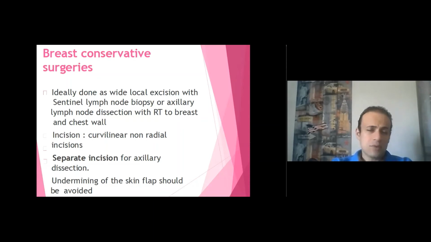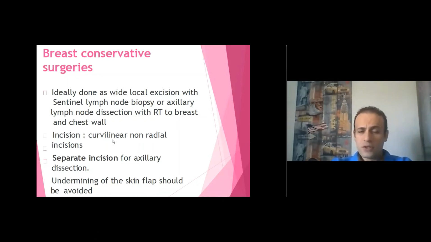Now the other option for the standard operation is only to remove the tumor as breast conservative surgery. It is most commonly used, ideally done as wide local excision with sentinel lymph node biopsy or axillary lymph node dissection, but it should be completed with radiotherapy to the breast and chest wall.